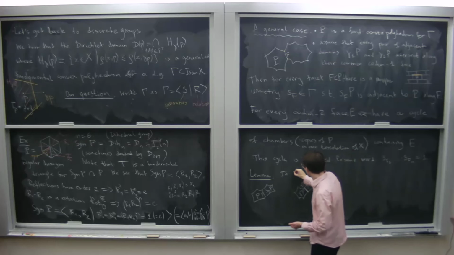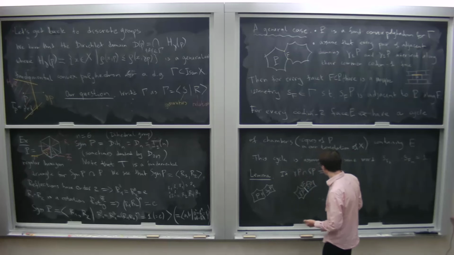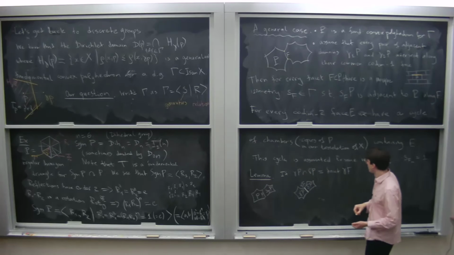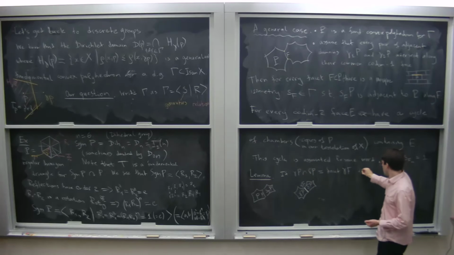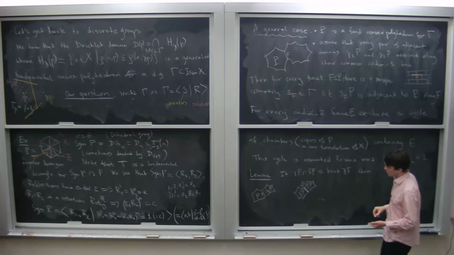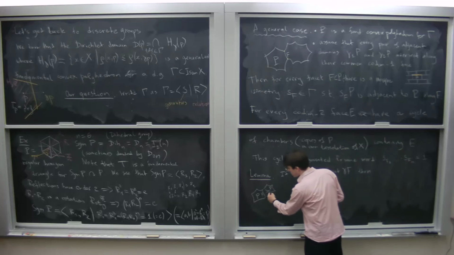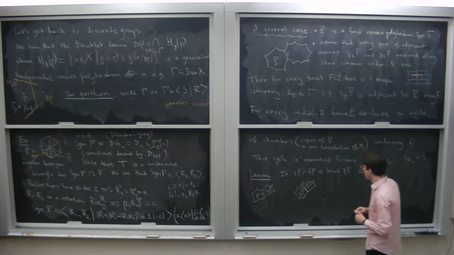So if gamma P intersects delta P along the facet gamma F, then delta is obtained from gamma by multiplication by this isometry S_F.